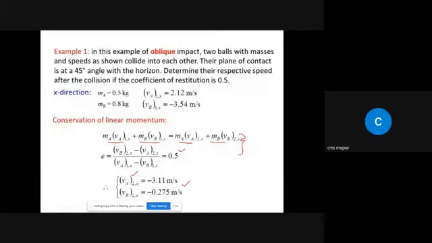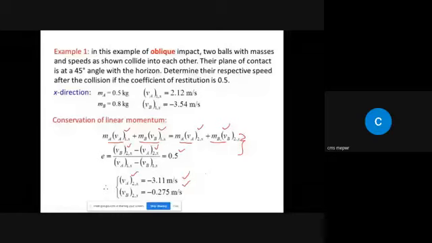In this equation there are two unknowns, and in the other equation again two unknowns. So we have two equations and two unknowns, and by utilizing both of these equations, we find VA2x and VB2x. So this is basically the x component of the final velocity.